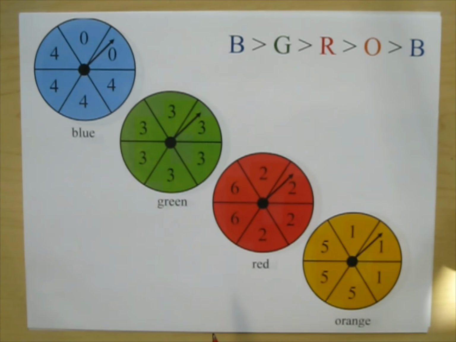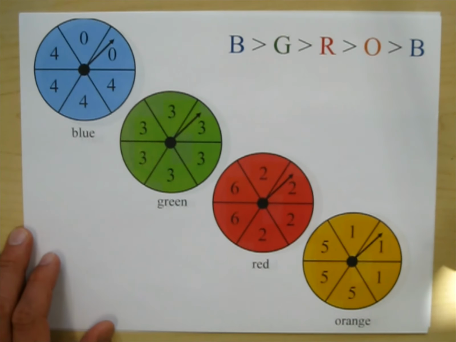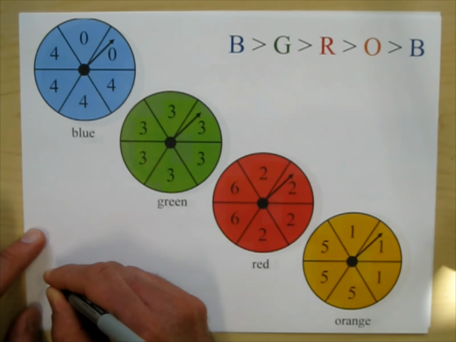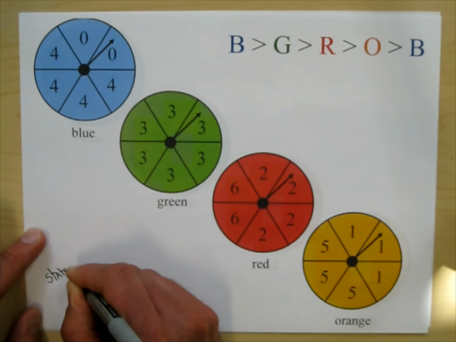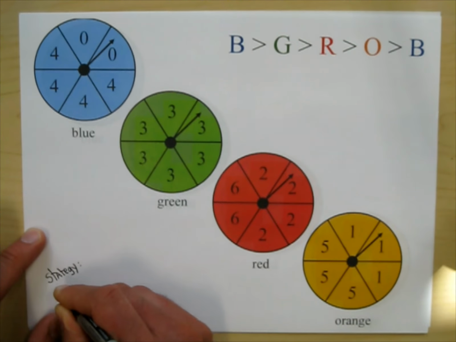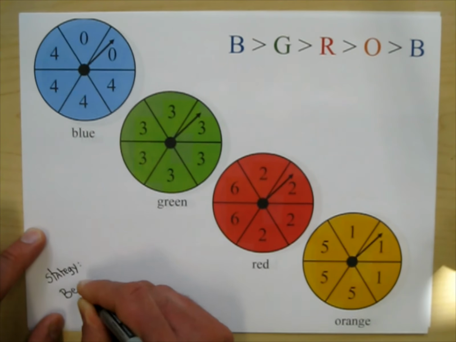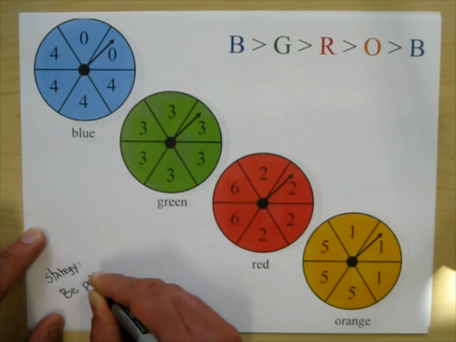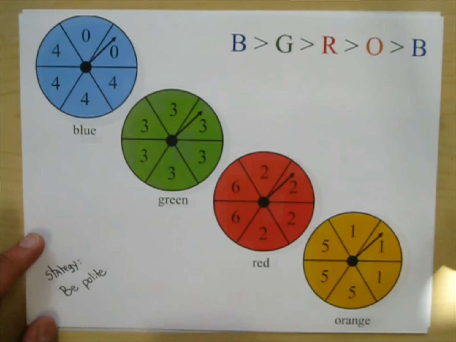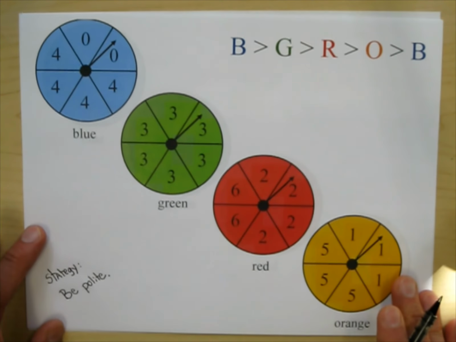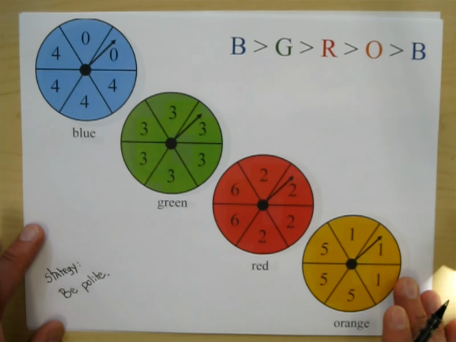So what the strategy is, and this is kind of a funny strategy. So the strategy is be polite. What does that mean? The strategy is let your friend pick the spinner.